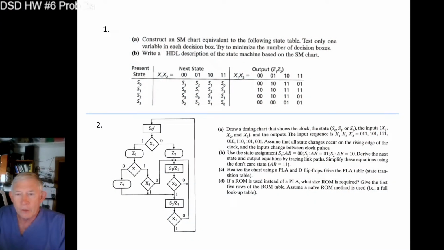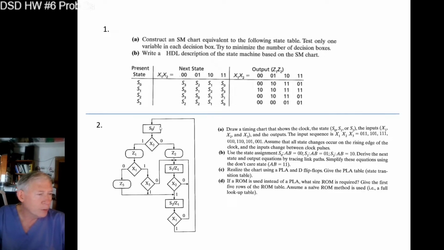Okay. So if you look at this, let's do the flip-flop input. So we have two flip-flops, A and B, or whatever you want to call them. We call them Q1 and Q0, but we'll call them A and B here.